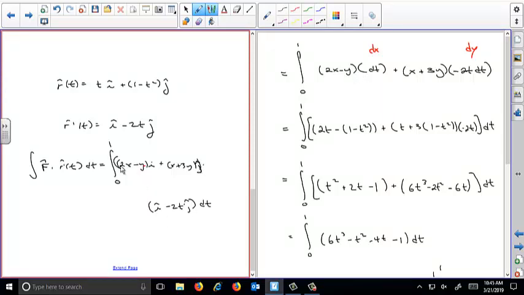What you get is (2x minus y) dotted with this part, which is 1, times dt. And then you get (x plus 3y) times negative 2t dt. Now this dt part is dx, and this part here is dy. So this ends up being M dx plus N dy.